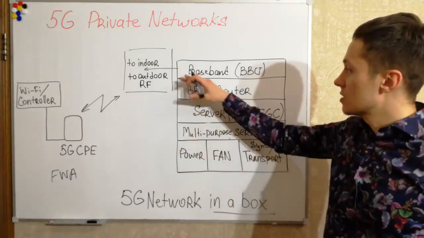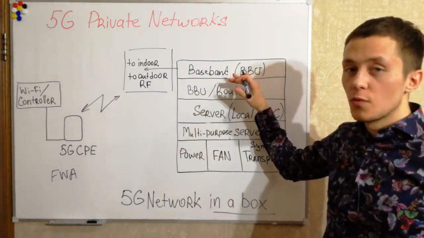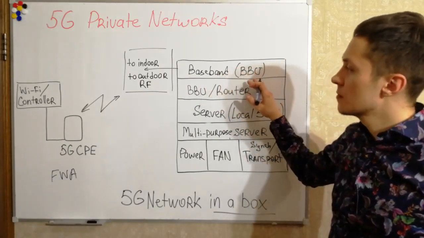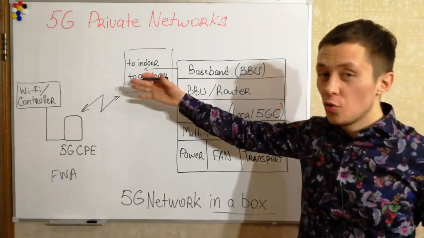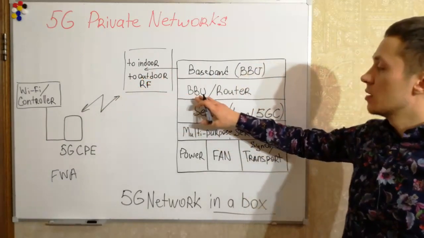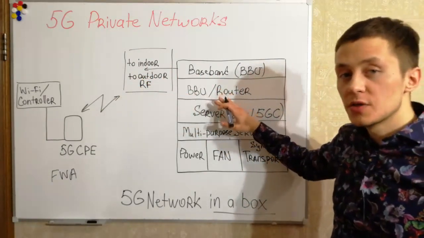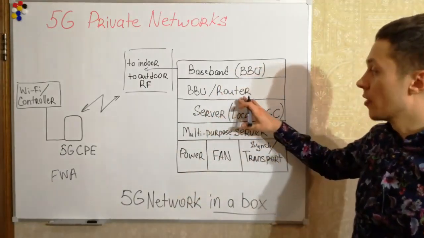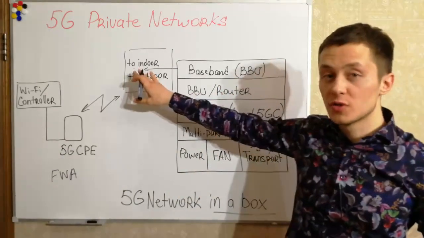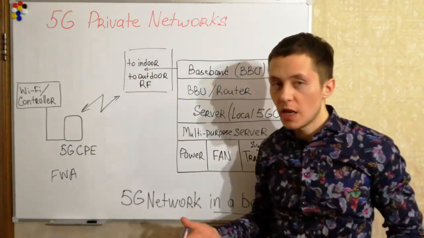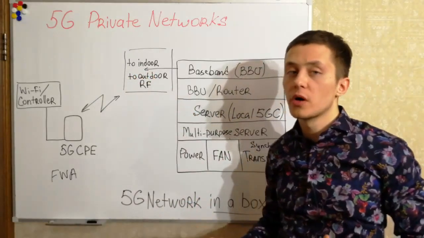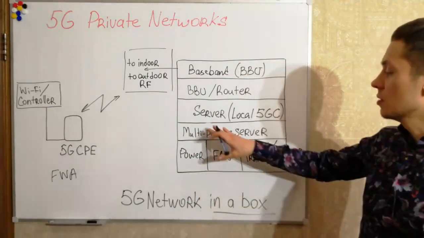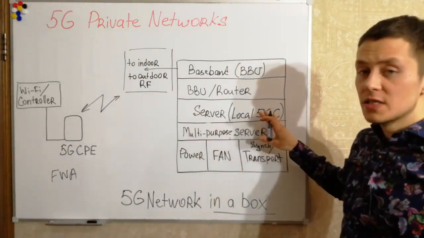Here we can see that some part can be allocated for baseband, for the processing unit, for indoor or outdoor private network. Maybe an additional baseband unit is required, it depends on the case, or a router in case of indoor solutions such as Ericsson Radio Dot System or Huawei LampSite system. It's possible.